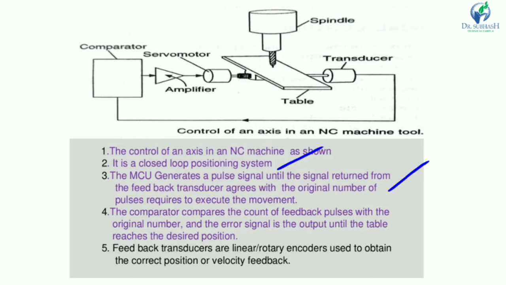The comparator compares the count of feedback pulses with the original number and outputs error signals until the table reaches the desired position. Feedback transducers are linear or rotary encoders used to obtain the correct position or velocity feedback.